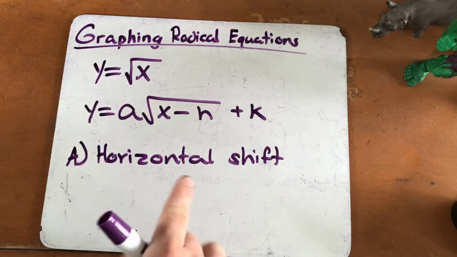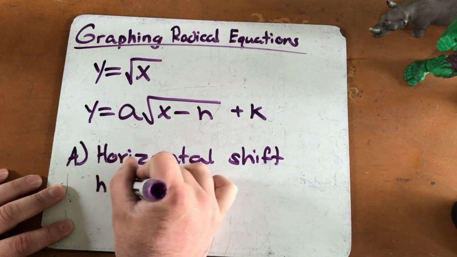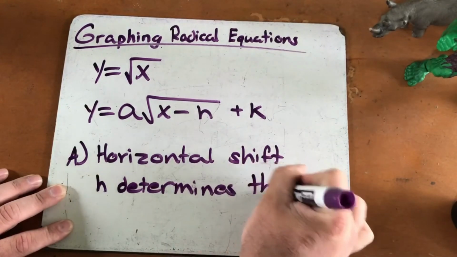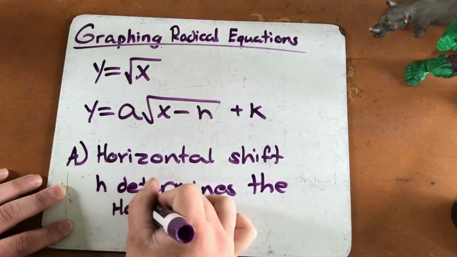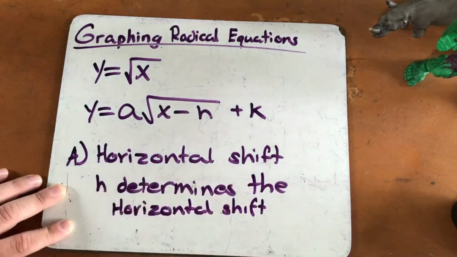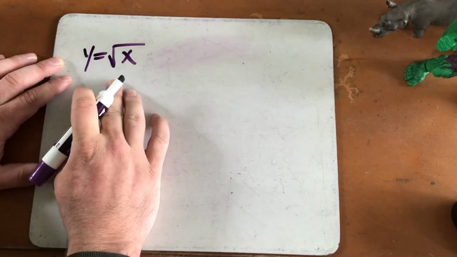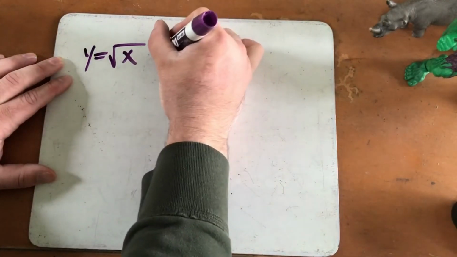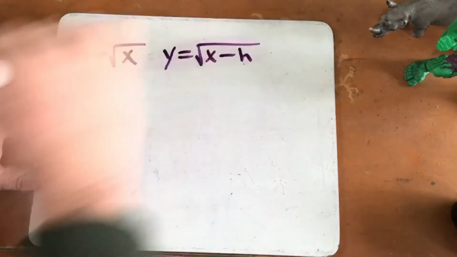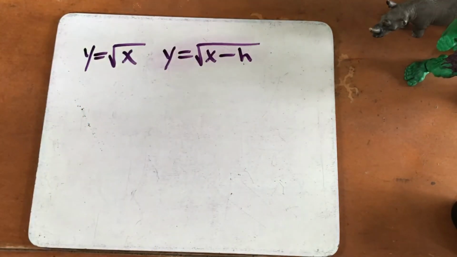So for a horizontal shift, h determines the horizontal shift. Let's look at how that h affects my graph of this equation. So y equals the square root of x plus h.